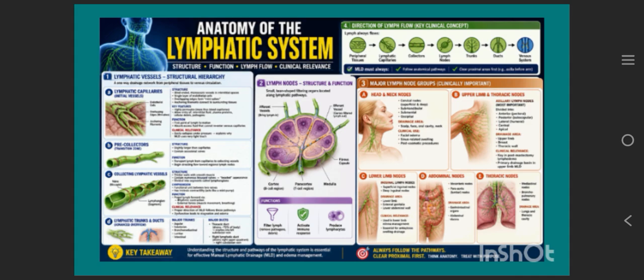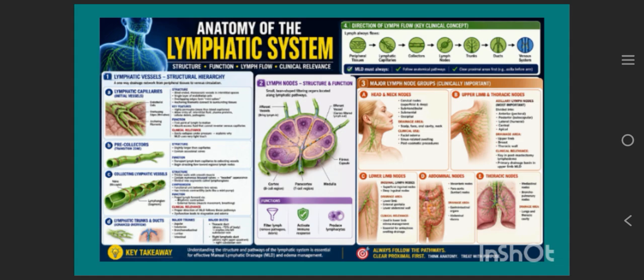Afferent vessels, starting with A, bring lymph into the node, and efferent vessels, starting with E, carry filtered lymph out.